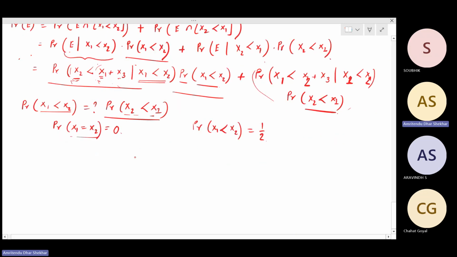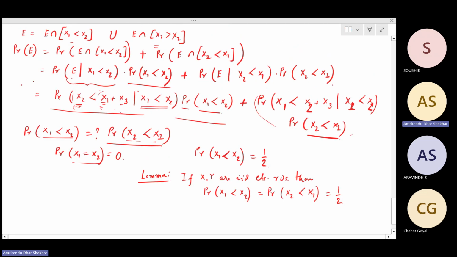I'm just going to make a small statement. Lemma: if x and y are IID continuous random variables, then the probability of x1 less than x2 equals the probability of x2 less than x1 equals half.